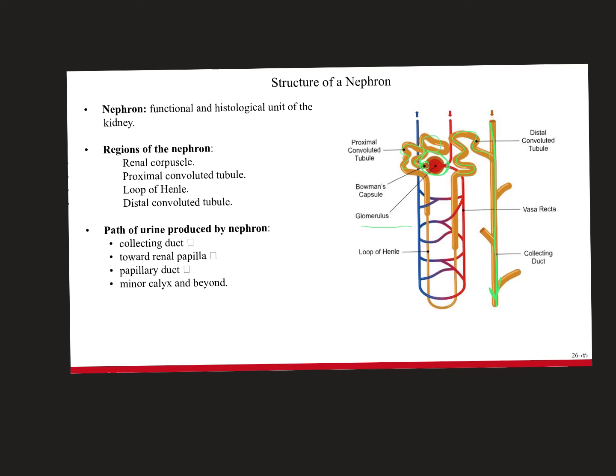From the distal convoluted tubule, urine will enter the collecting duct. That collecting duct goes through the renal pyramids to the renal papilla. That's that little space, right? Where's the renal papilla? I told you guys it was between two things.